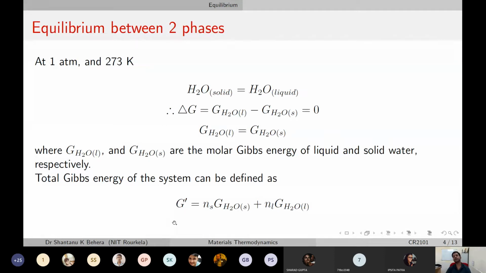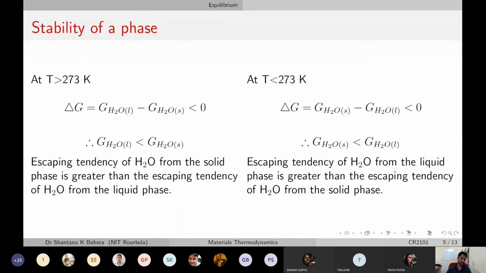Now consider a situation where you keep the pressure the same, at 1 atmosphere, but take the temperature to higher temperatures. For example, if you take the temperature more than 273 Kelvin, then what's going to happen is that you talk about the same delta G, the change in free energy, that is the free energy of water in the liquid state minus the free energy of water in the solid state, that's the free energy of ice, and that is less than zero.